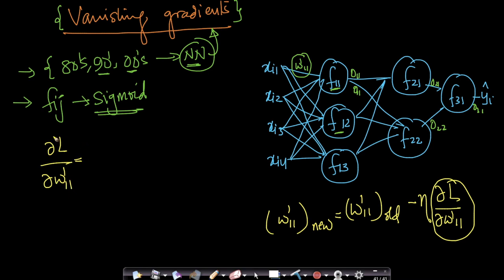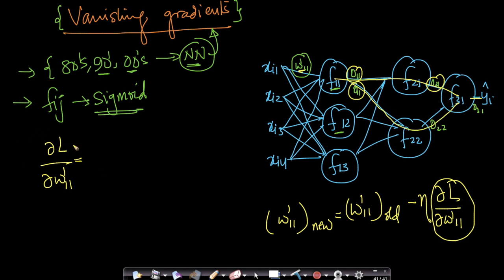We derived this in one of the previous videos, but I'll quickly show it to you. This W111 impacts O11. This O11 impacts O21. So it has this path, which impacts your loss function. It also has this path, which impacts your loss function.